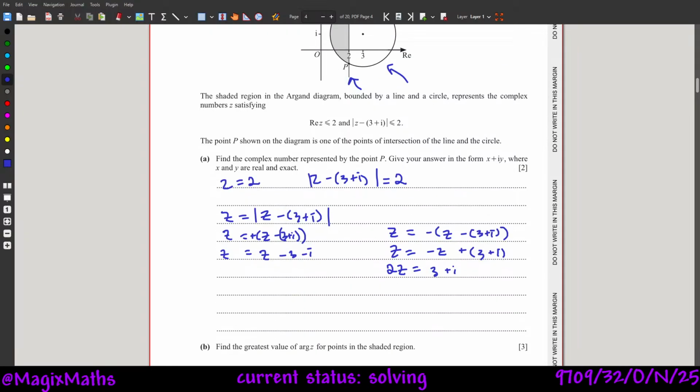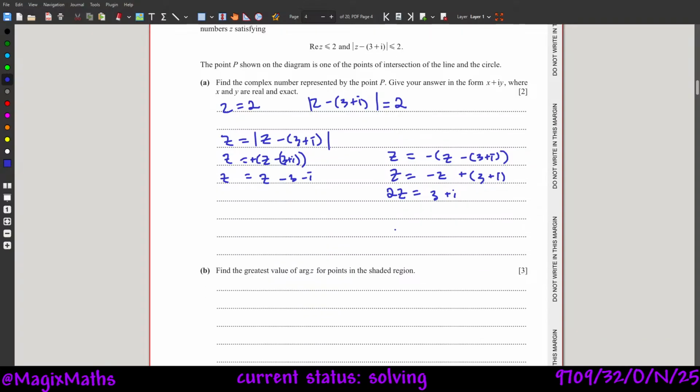We know that the real value of z should be 2.